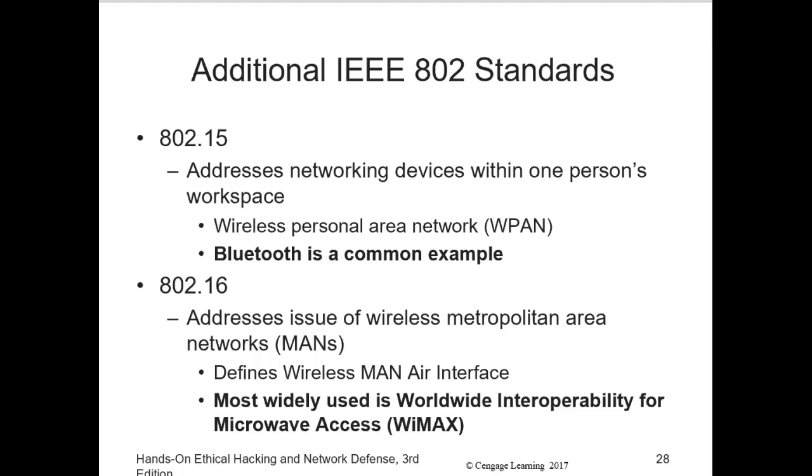So there are additional IEEE 802 standards. One person's workspace is called a wireless personal area network, or WPAN, right? And in a WPAN, the maximum distance between the devices is usually about 10 meters. So with Bluetooth, for example, the communication specification, that is your own wireless personal area network.